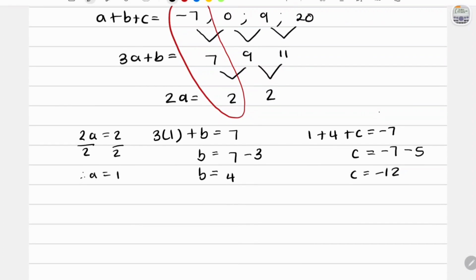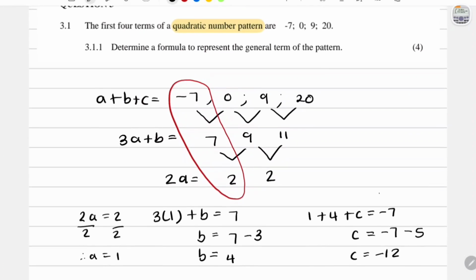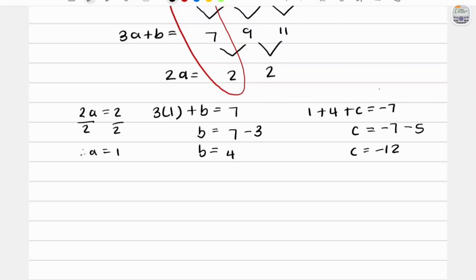Okay, so now that we have the values of a, b, and c. Remember, they asked for the quadratic number pattern, right? The general formula, the general term. And the formula for the general term of a quadratic pattern is Tn is equal to an squared plus bn plus c. And so let's go ahead and substitute the values of a, b, and c. So Tn is finally equal to, a is 1.